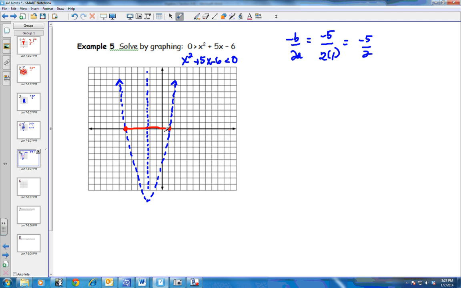From here to here, my graph is below the x-axis, or it's less than 0. So my solution set is x such that -6 is less than x is less than 1.